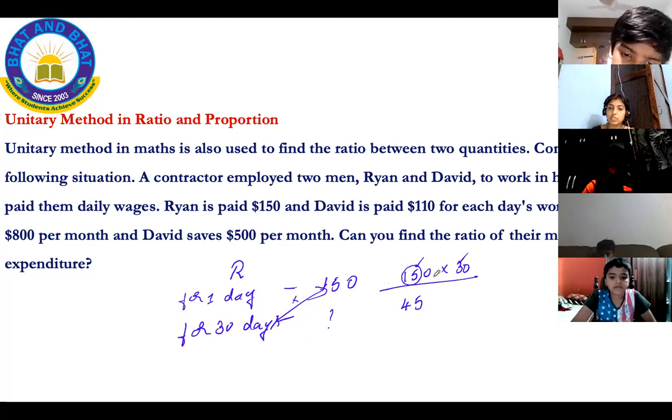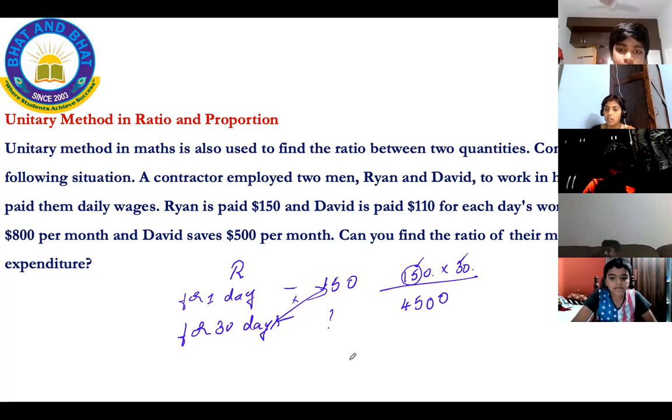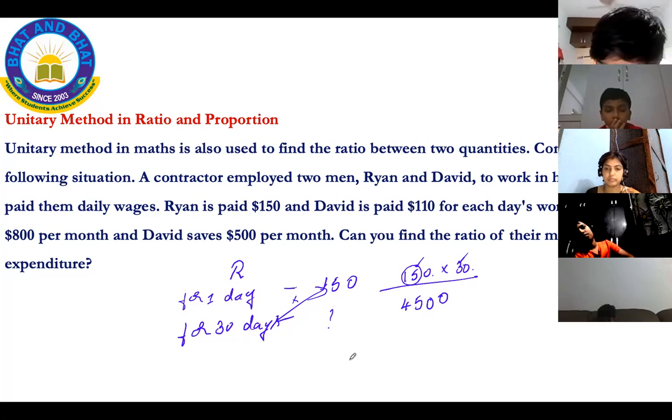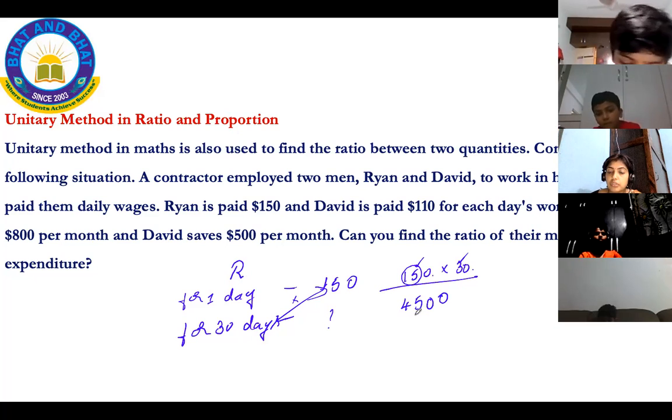Now how many zeros are there? 1, 2. So put 2 zeros here. This is a shortcut method. For 1 month, how much is he getting? 4,500 rupees. In the same way, we will see David.